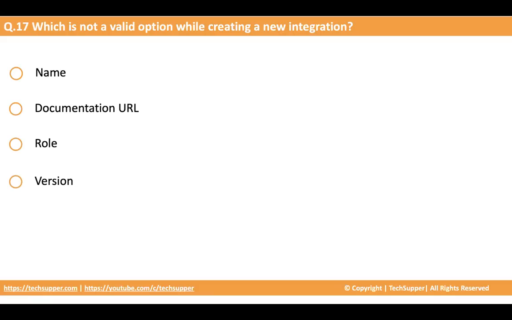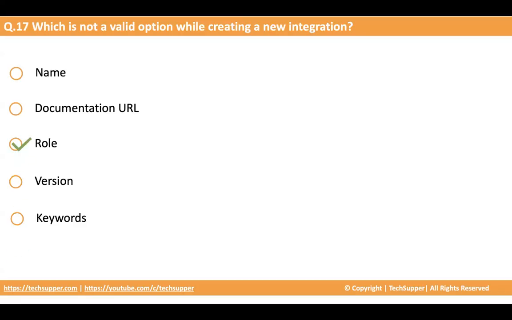It's not what is valid, which is not a valid option. If you don't know the answer, you can create a new brand integration and see the options available. So the correct answer is, okay, we have one more option, keywords.